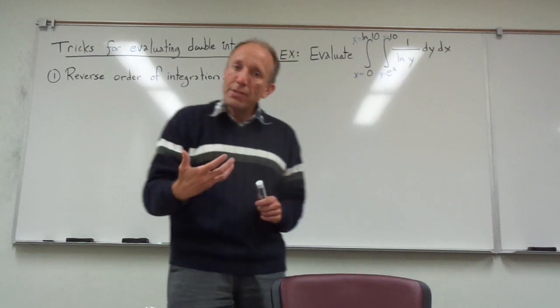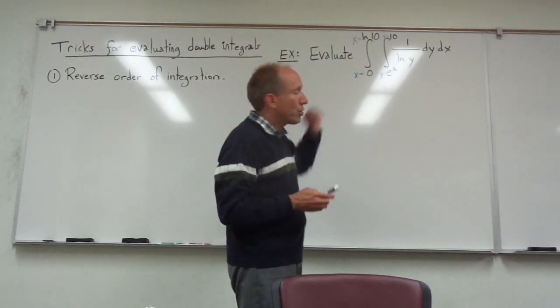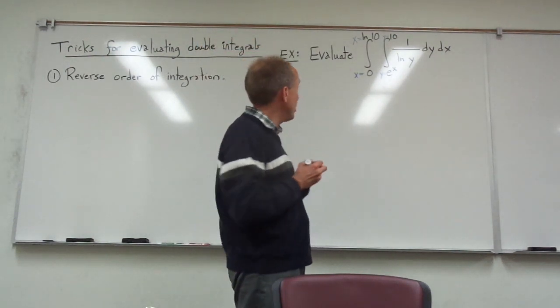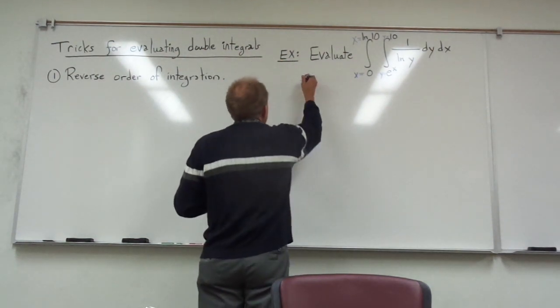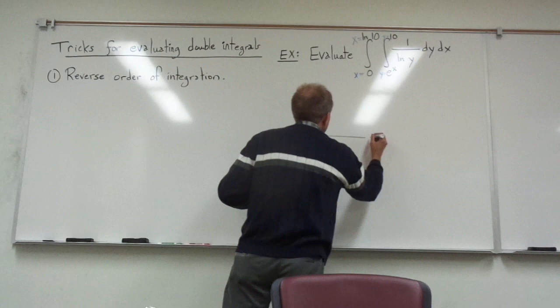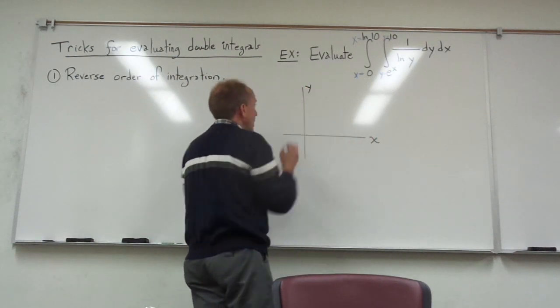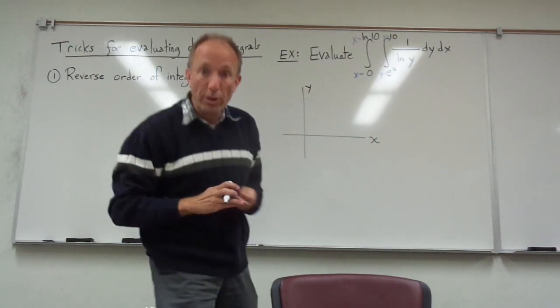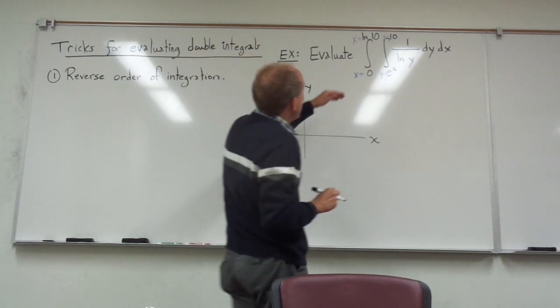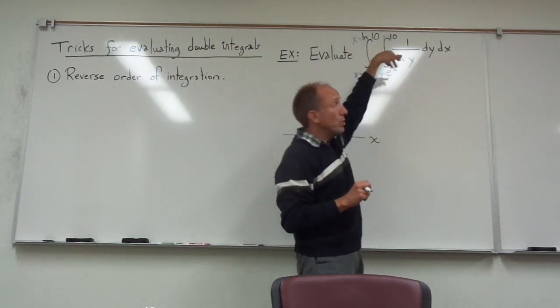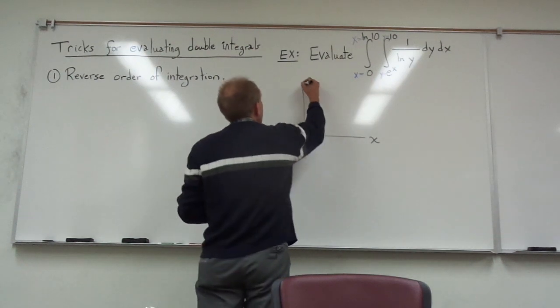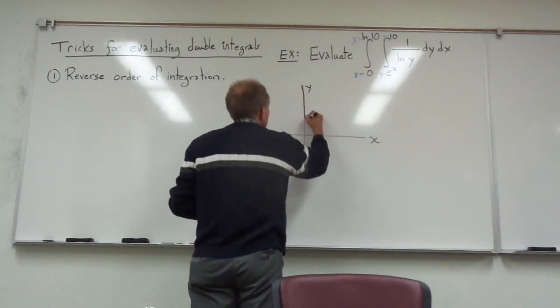In order to successfully do that, we need to draw a picture of the domain of integration, the region of integration. I like to draw the region by using the x and y axes, of course. I'm going to draw them lightly on the board, and then go back and draw a much darker set of these four curves. So x equals 0, for example, is actually the y-axis.